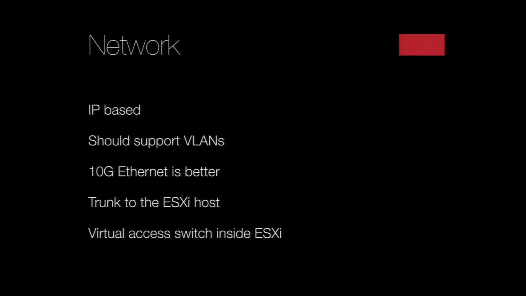If you have VLANs on your network, which you should have, you will send the trunk to your ESXi host. From a network architecture point of view, consider that your access switch or aggregation switch, depending on what vocabulary you use, will be virtualized inside the ESXi.